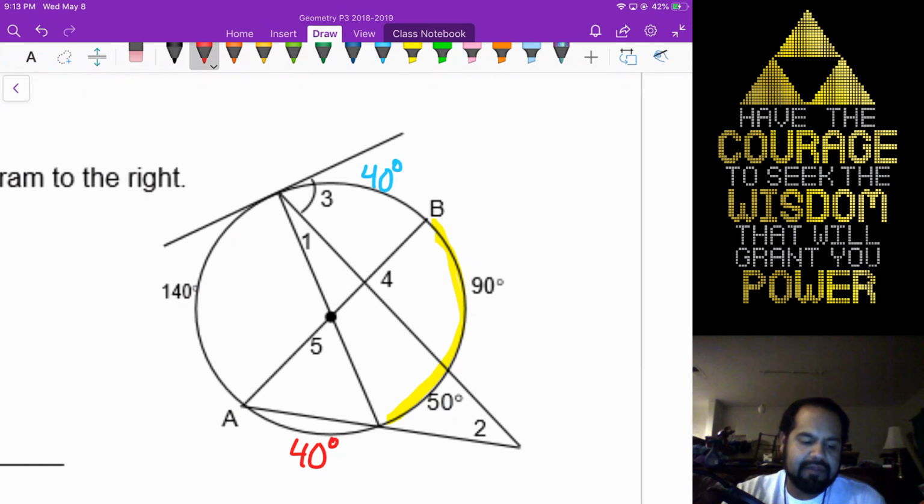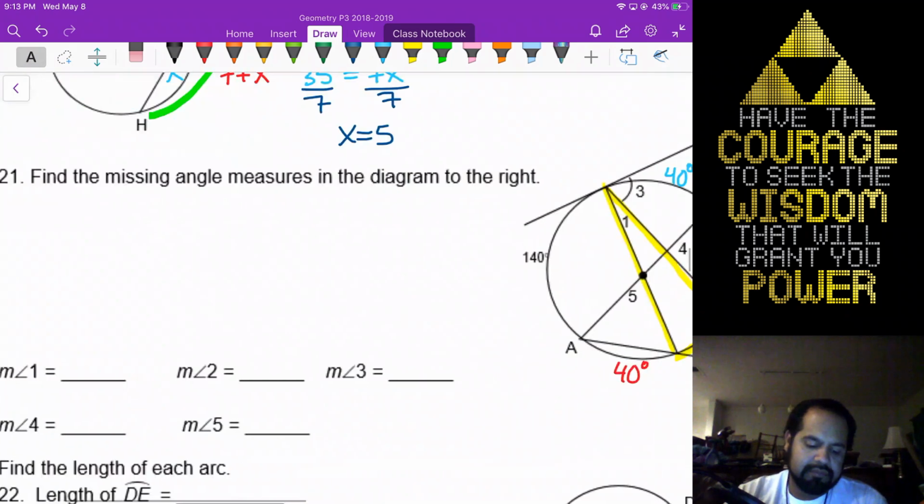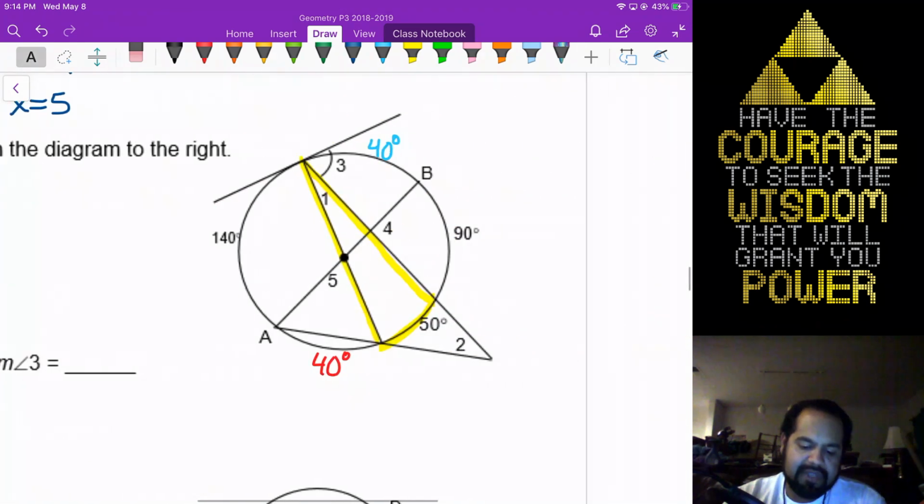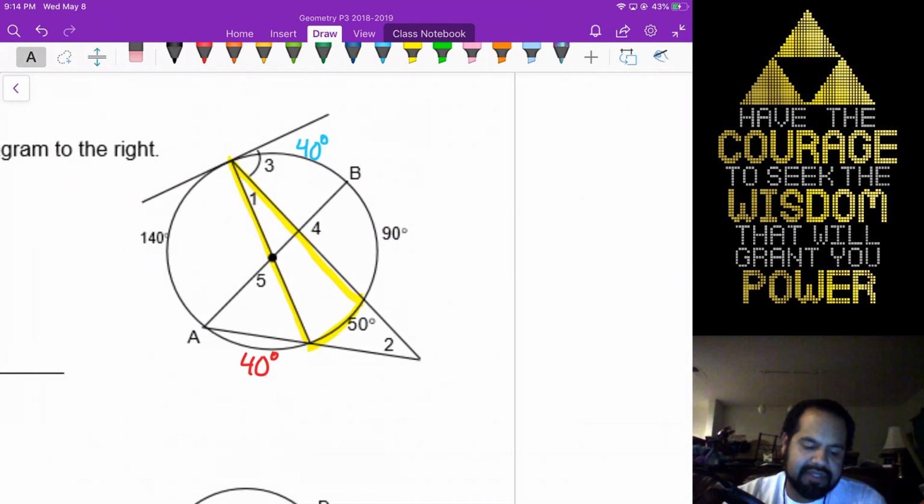Okay, so angle 1, which is on the edge of the circle, forms the ice cream cone here. So we're going to take the 50 and take half of it. Now angle 2, which is the angle that's outside of the circle.